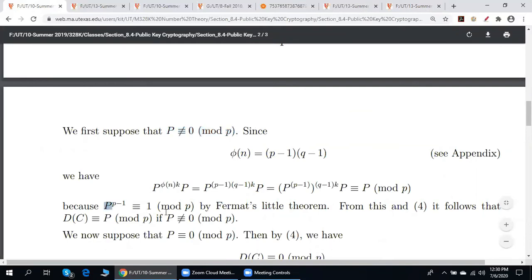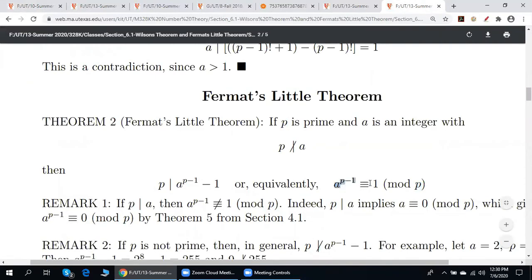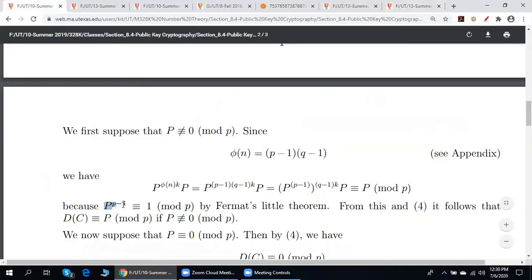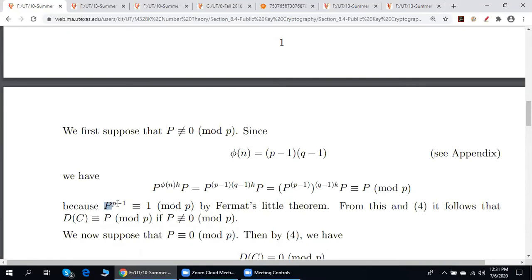So, since this is not divisible by this, by Fermat's theorem, this, which is over here, is congruent to 1 modulo lowercase p.